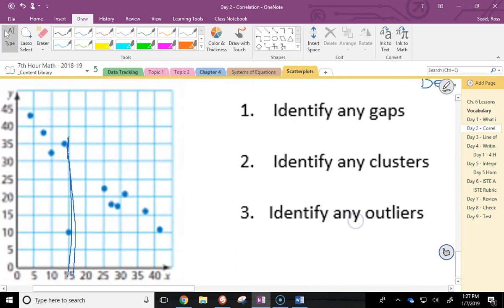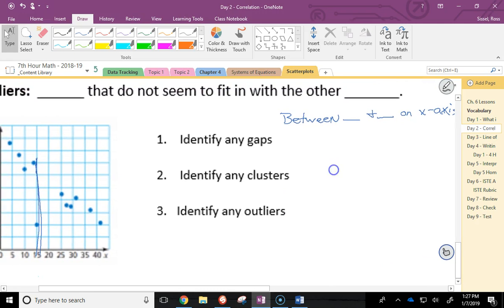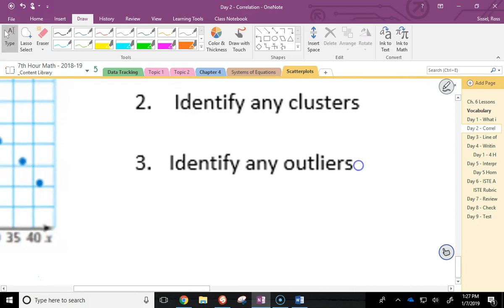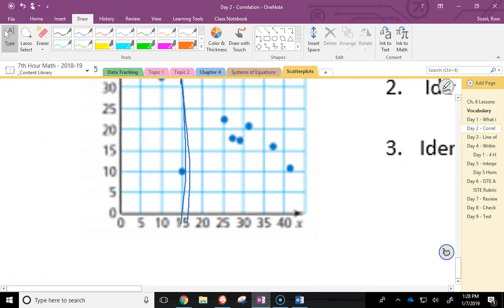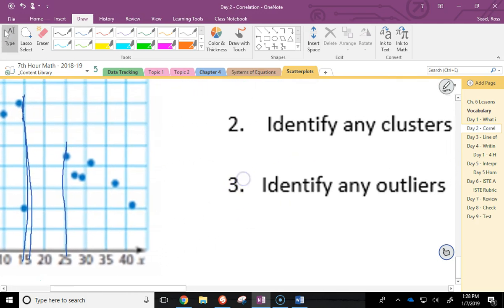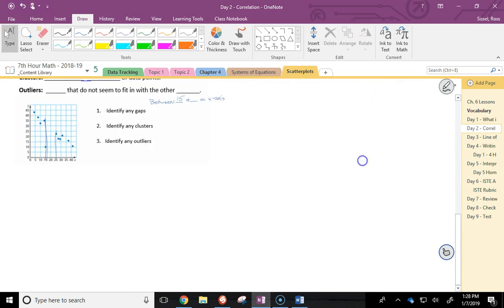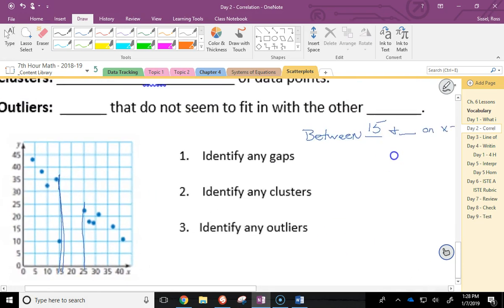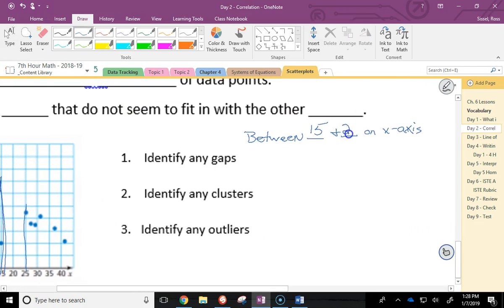So you're first going to say, my gap is between 15 and, looks like, oh, here's where it starts again, which is about 25. Zoom out. Whoa, not that much. Alright. So it's between 15 and 25 on our x-axis.